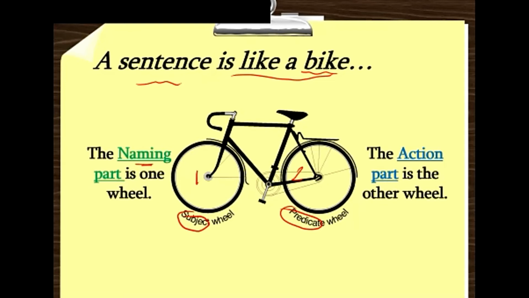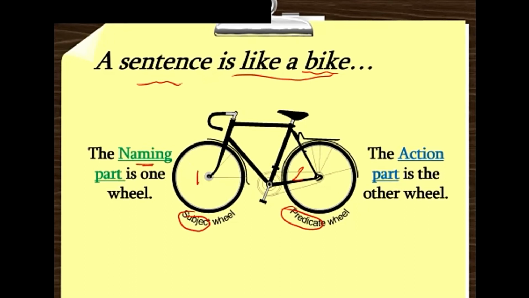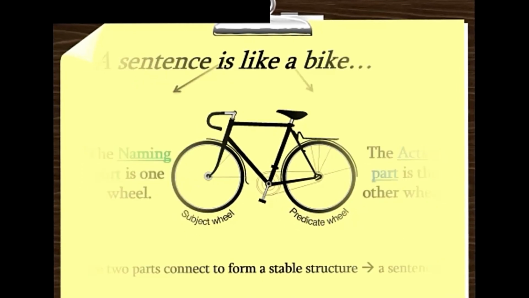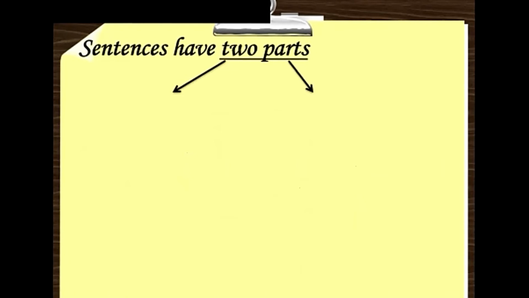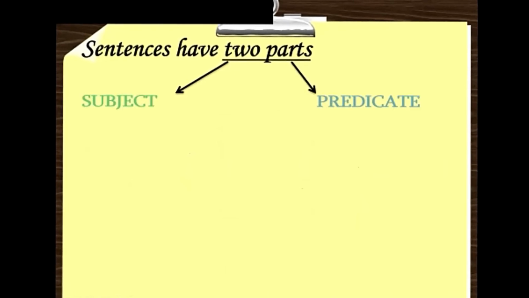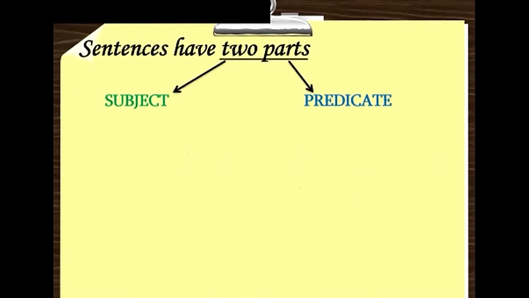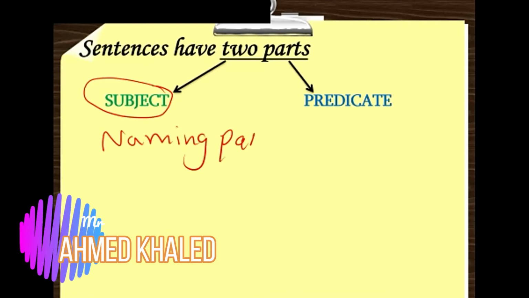Without the two parts, it is not a complete sentence. So a sentence must have two main parts. Number one, naming part. And number two, action part.